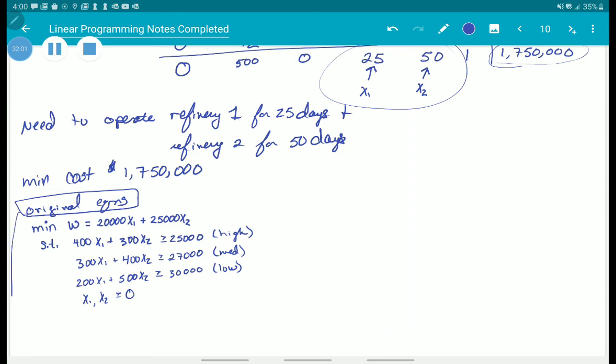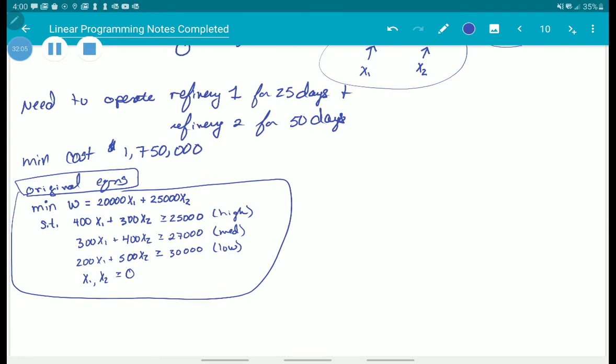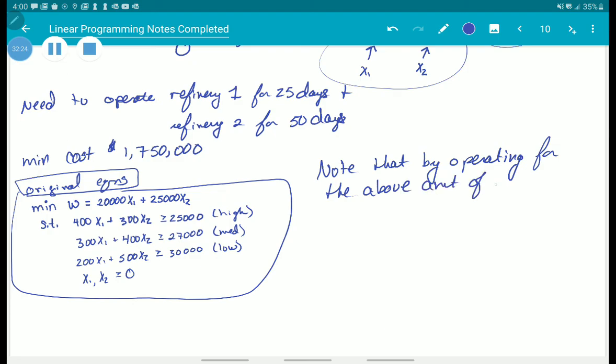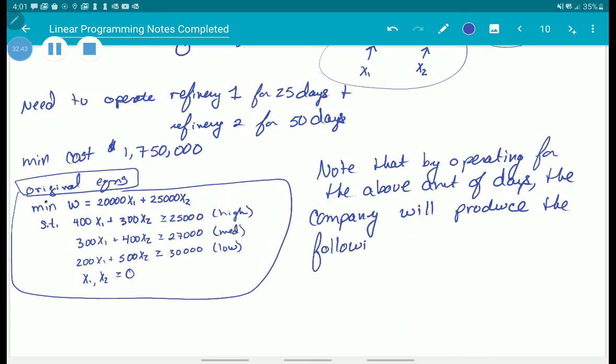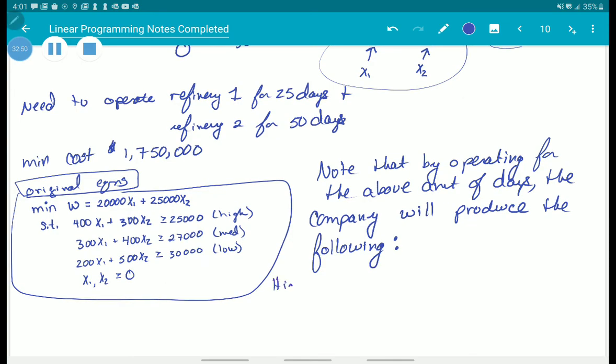So remember, these were the original equations. Let's look at how much we're producing for the high, the medium, and the low grade.